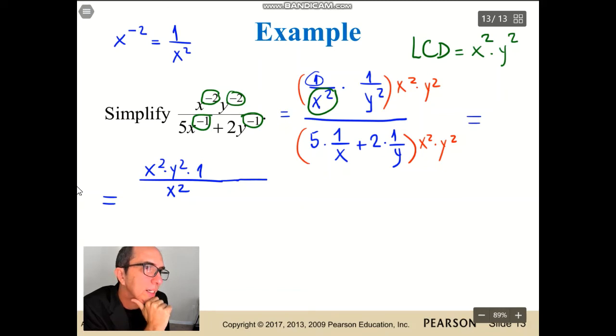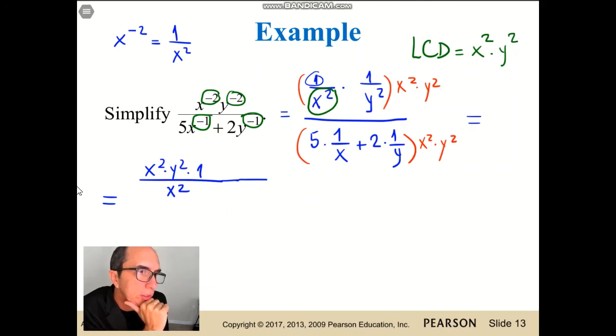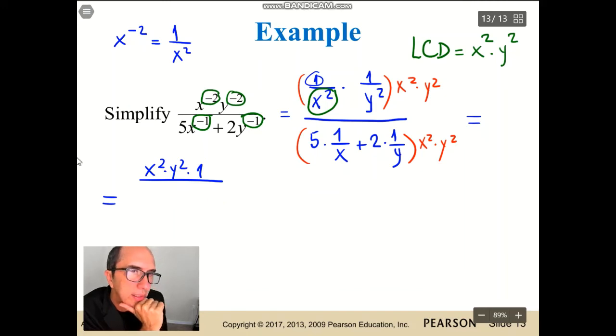This is equal to 1 over x squared times y squared, right? This whole numerator. So let's put this together, and here is going to be x squared times y squared.